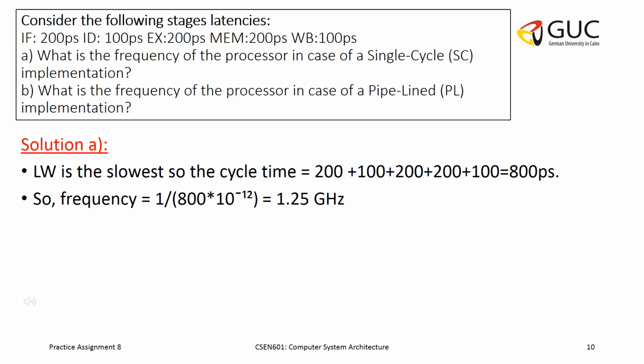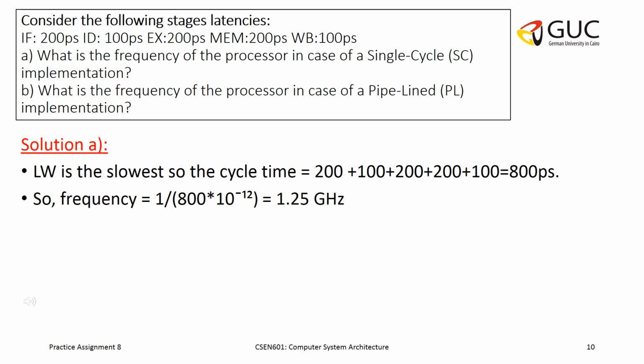We first searched for the slowest instruction, so as to know the longest time for this single cycle, which was 800 picoseconds. Okay, how did we do that? We added the 5 stages together, and the frequency was 1 over this time, which was 1.25 gigahertz.